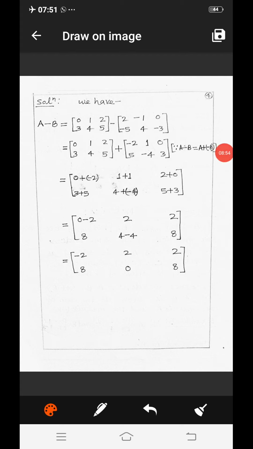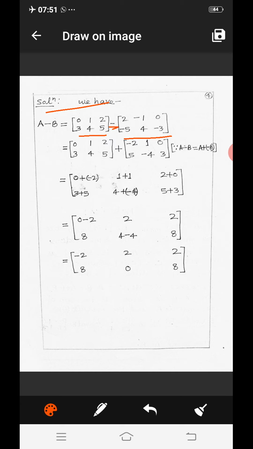We have A minus B equal to matrix A having elements 0, 1, 2, 3, 4, 5, minus matrix B having elements 2, minus 1, 0, minus 5, 4, minus 3.